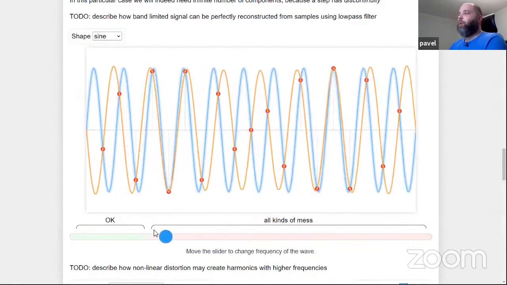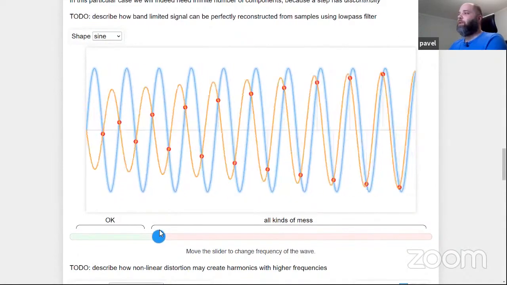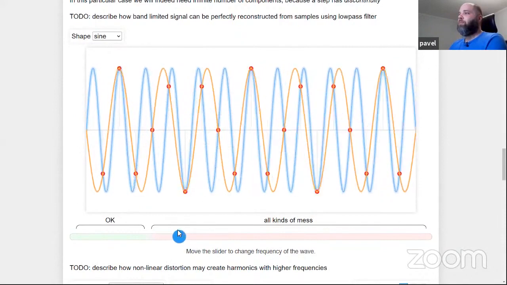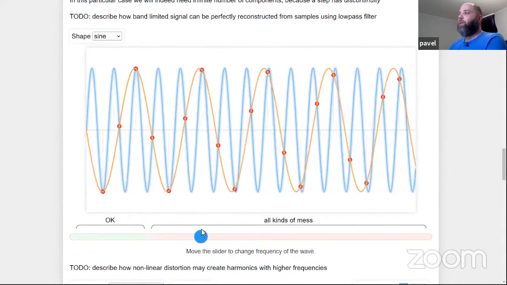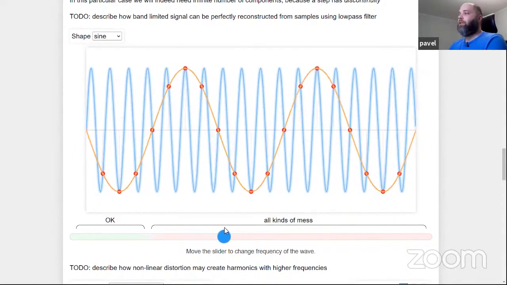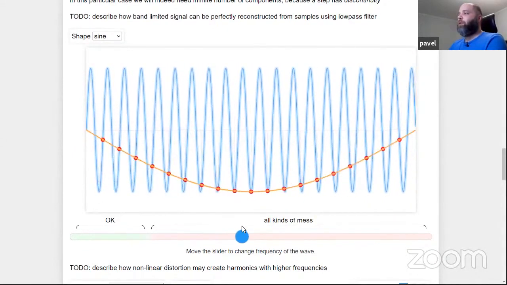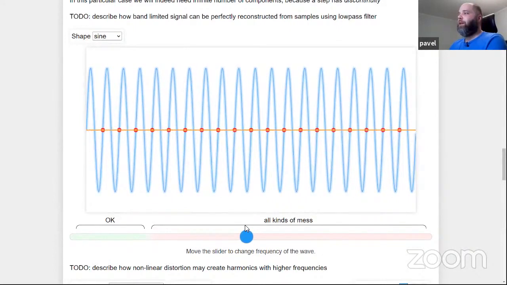So after we pass the Nyquist frequency, when the frequency of the initial signal increases, the frequency of the reconstructed signal decreases, and at some point we get unlucky again, and all our samples get to 0 again, because it so happened that we sample at points where our initial signal crosses the 0 line.